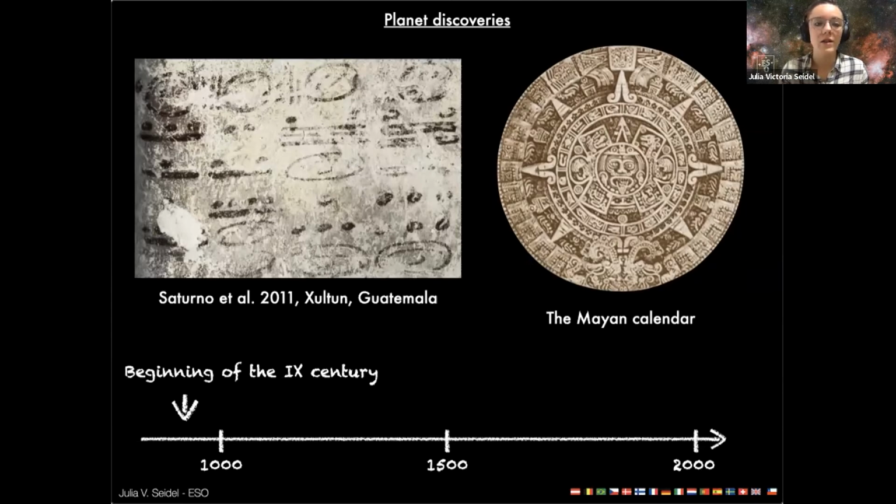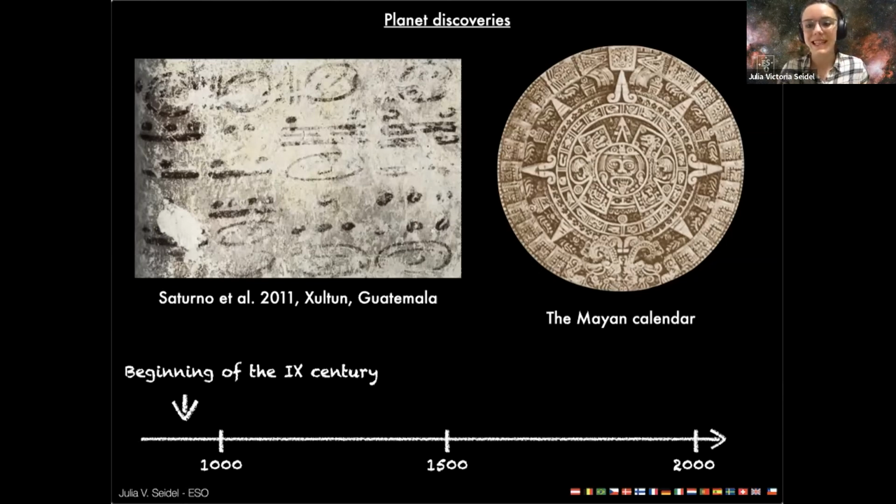That were then marked on the walls of these tiny observatories to track when the harvest season should start or when certain things couldn't be done. So this is, I think, one of the first examples of observatory activity in the Americas.